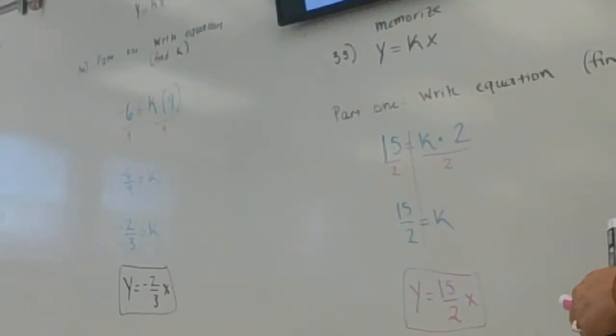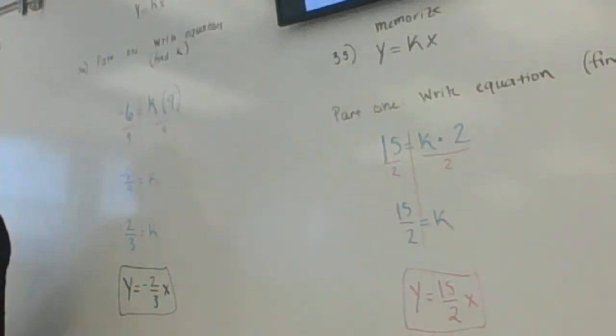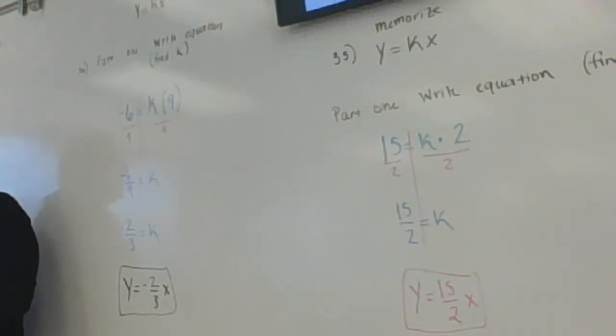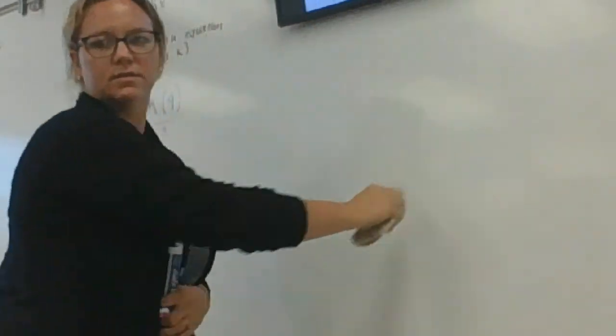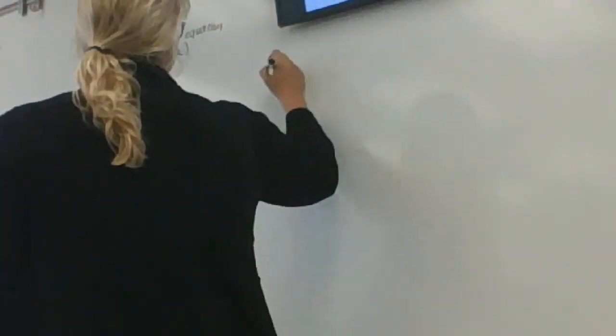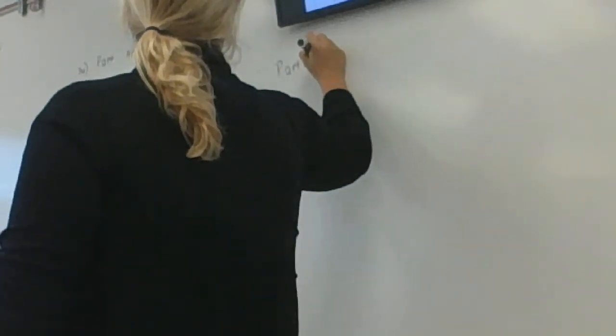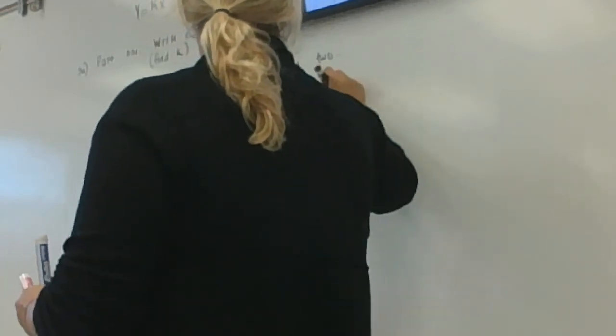Now part 2. Part 2, use the equation. So I have this equation, y equals -2 over 3x.